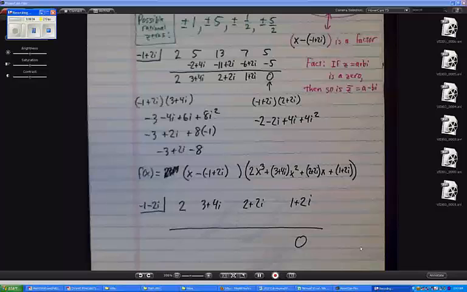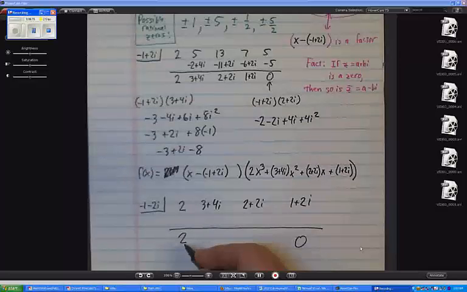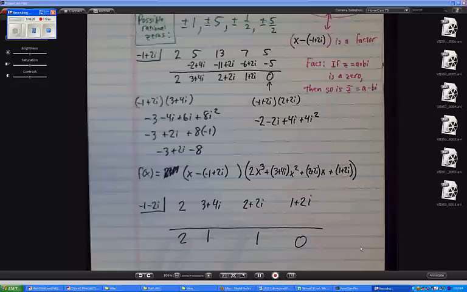And not only will I get a 0 there, I'll just tell you what the other coefficients are. The other coefficients are 2, 1, and 1. It works out really nice.